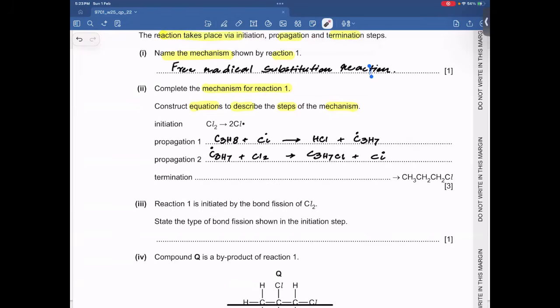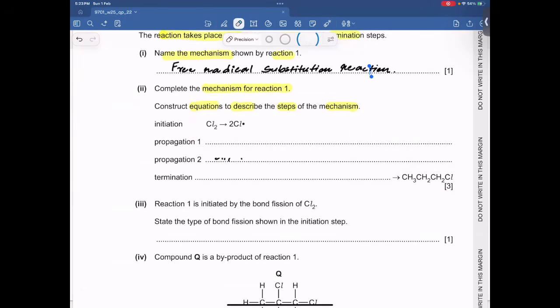You need to understand one thing, that in propagation 1, the carbon hydrogen bond needs to be broken, and that hydrogen free radical combines with chlorine free radical to give HCl, and as a result you will get propyl free radical. Since the examiner has given us this product, I cannot write the structure in that pattern. I have to write in the full format. That's crazy.